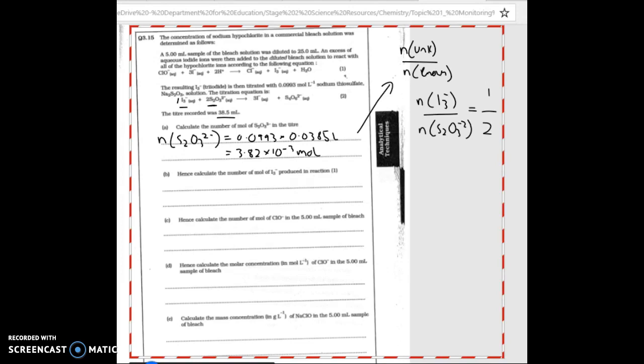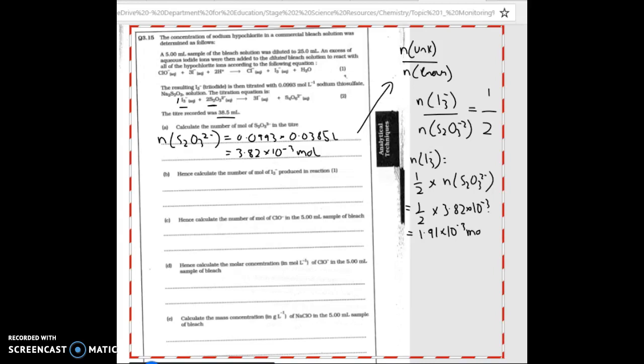Then we just rearrange that to find out, so n of I3 minus equals a half times the number of moles of S2O3 2-, which equals a half times the number of moles from part A, which is 3.82 times 10 to the minus 3, and that gives us 1.91 times 10 to the minus 3 moles.